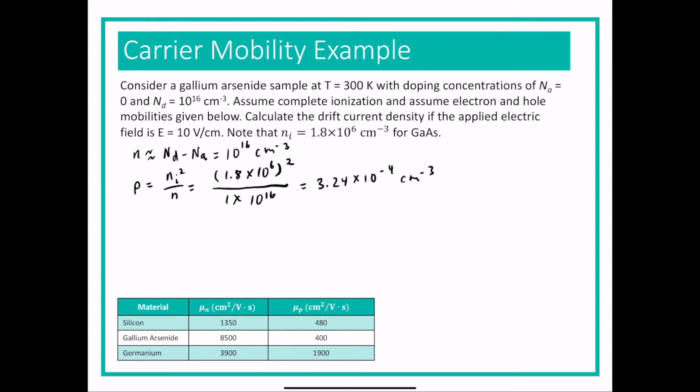That's like a fraction of a hole per cubic centimeter. Don't make the mistake of assuming, well, this is a very small number, we'll make it 0. It's not 0. There are holes. And when you have a big sample, you will have holes in it. So keep the number even though it's only a fraction of a hole per cubic centimeter. It's really a more proper answer.